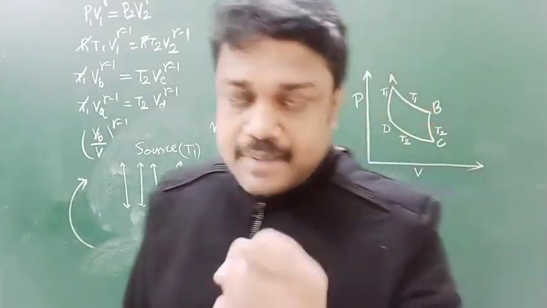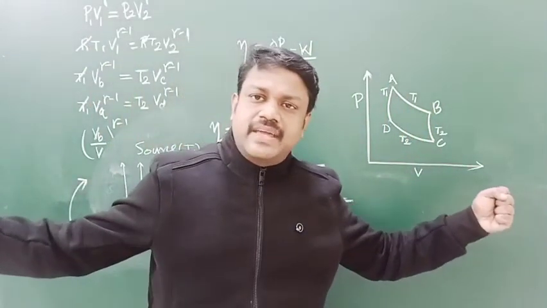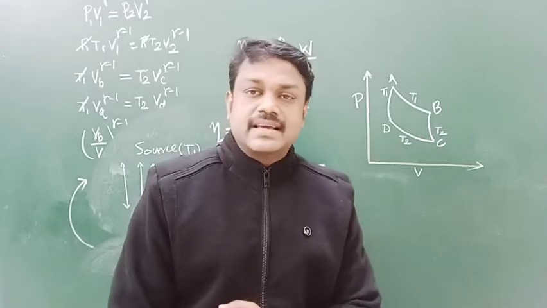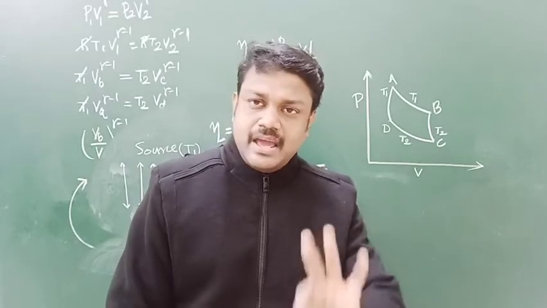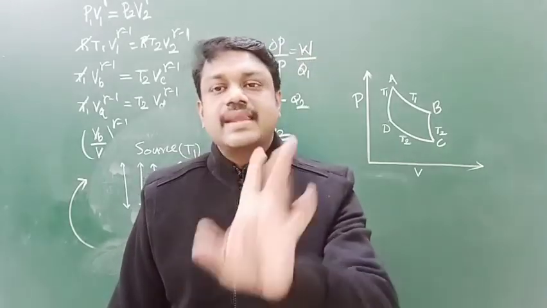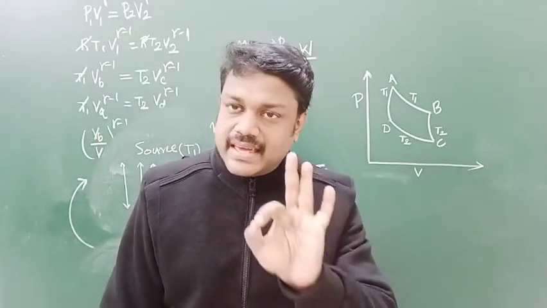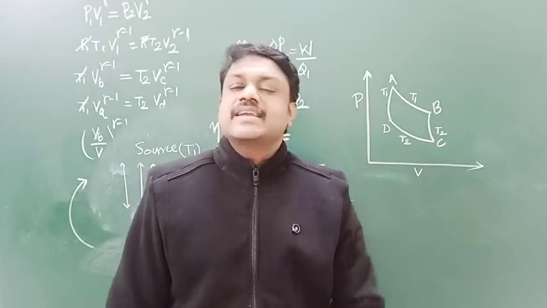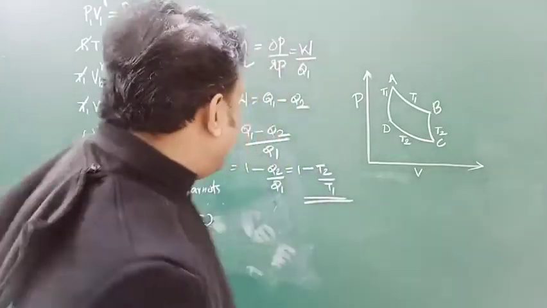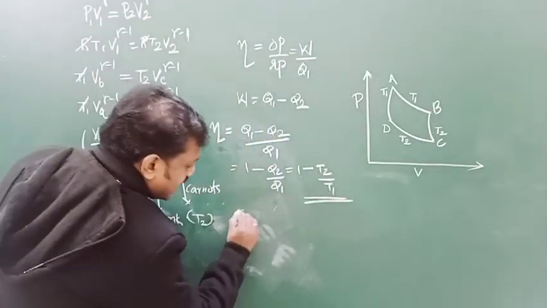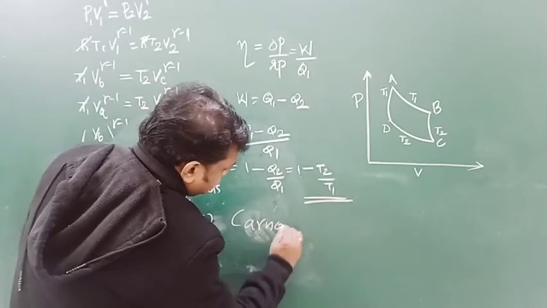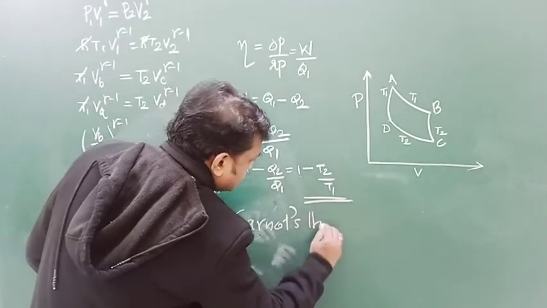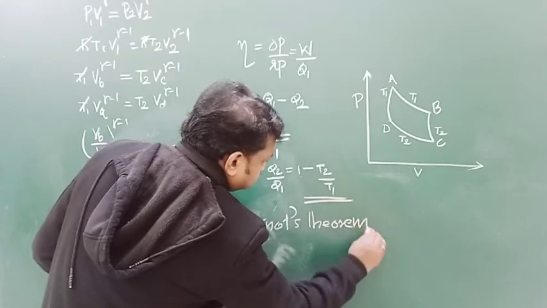Is it clear? If you design any kind of heat engine between the same source and sink, its efficiency will always be less than the efficiency of a reversible Carnot heat engine. That statement is known as Carnot's theorem.